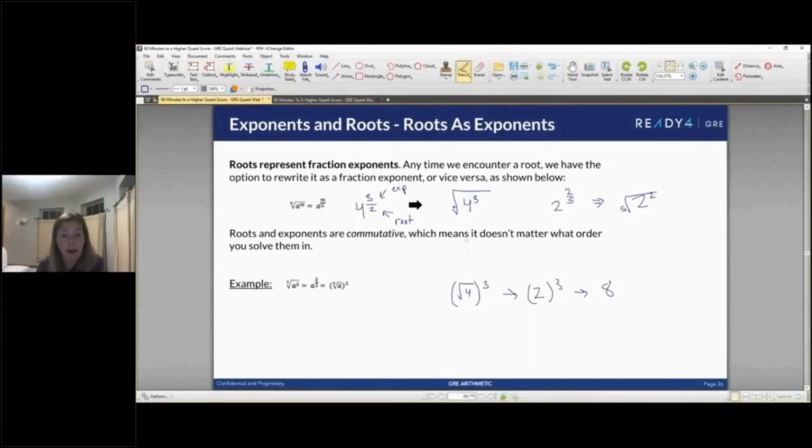But if we did it this way, where we would cube 4, so 4 times 4 times 4 is 64, but then we take the square root of it, that would just become 8. So in any case, that's what you do with these fractional exponents. You deal with the numerator and the denominator separately, and you can do them in either order.